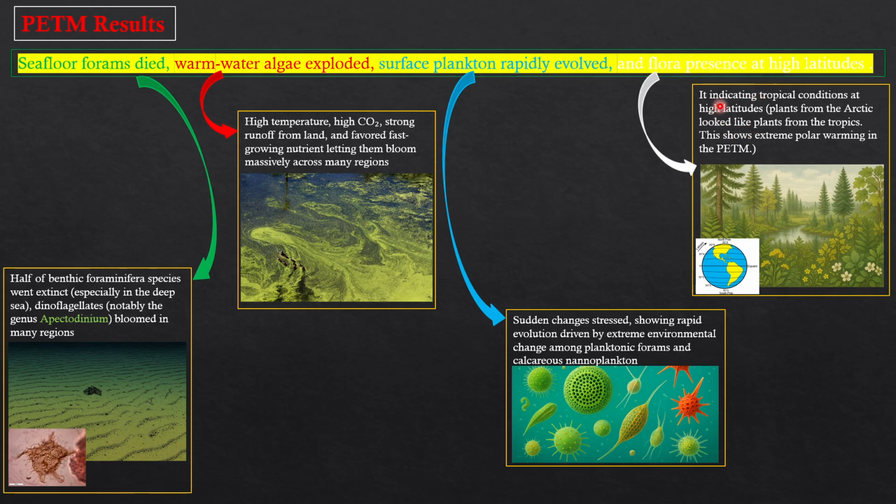The last thing is the flora present in the high latitudes, like Antarctica or the Arctic regions. Below the ice, the flora and cold beds are present. It shows that an event occurred in Paleocene time in which the high latitude areas had a lot of green environment and a lot of hot conditions.